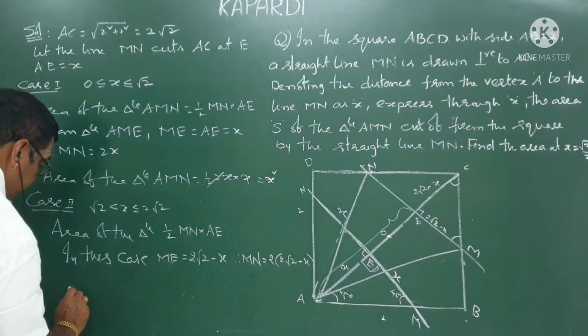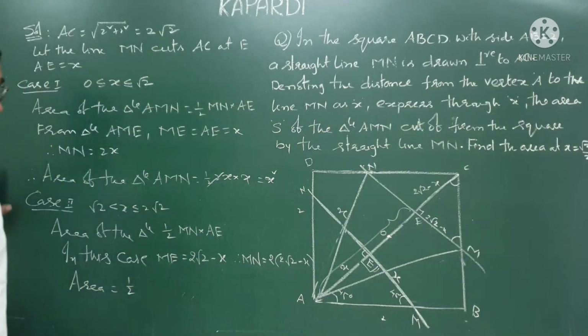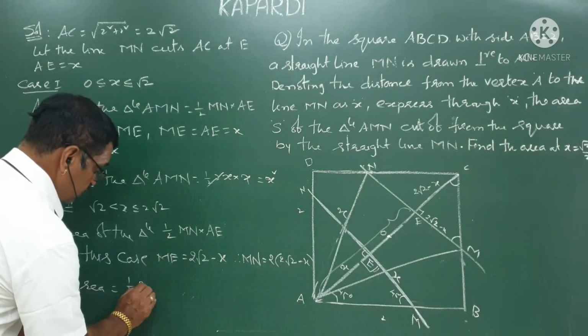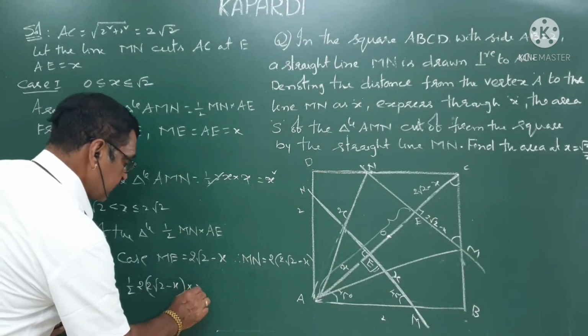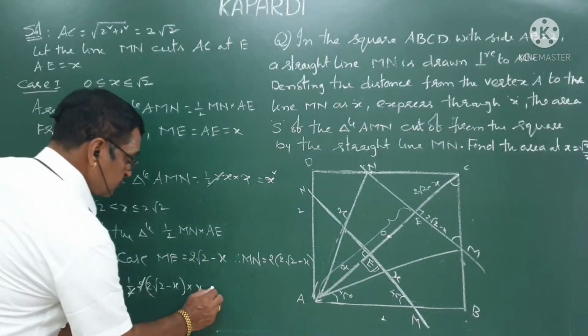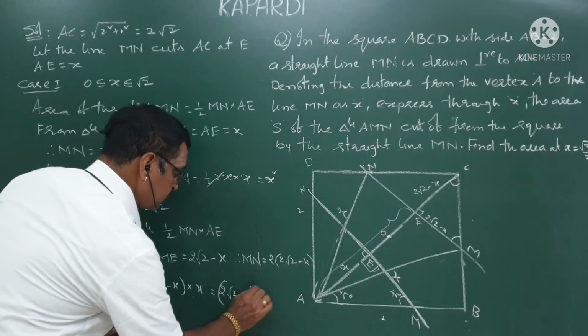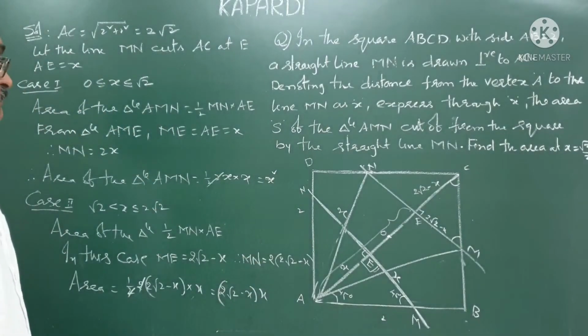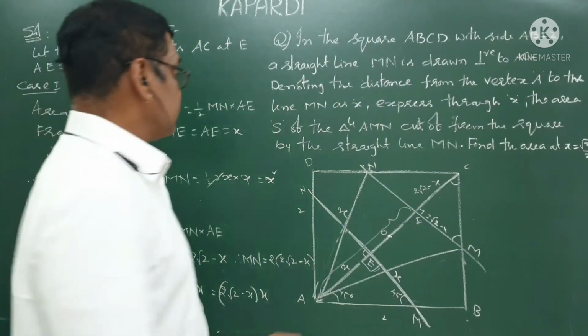Therefore, the area is half into MN, which is 2 times (2 root 2 minus x), times x. The 2s cancel, so we have (2 root 2 minus x) times x. So, what actually did we derive?